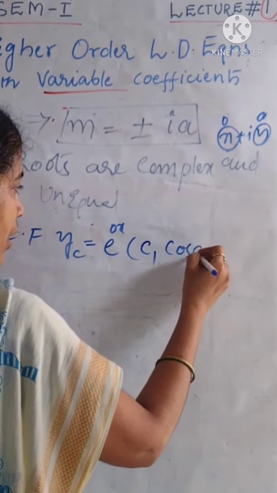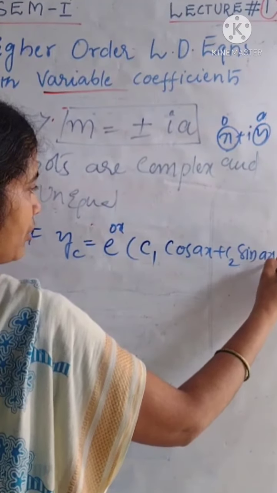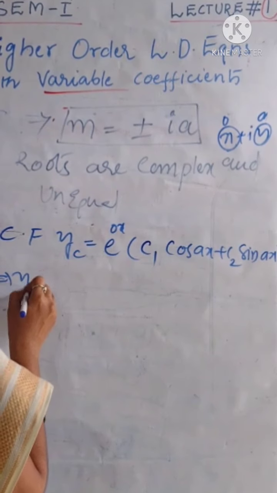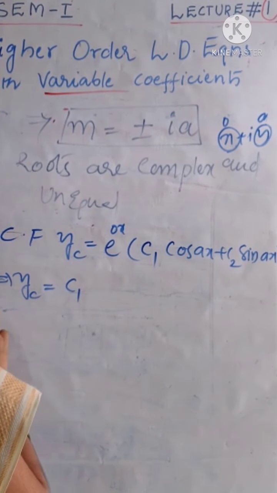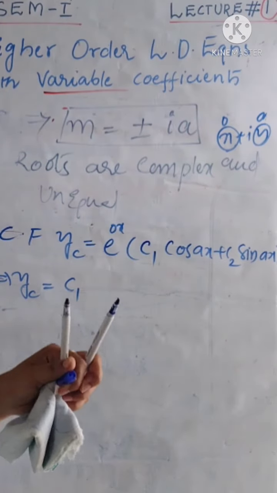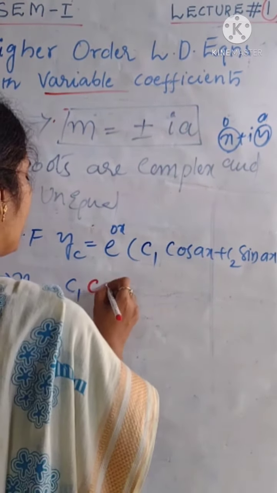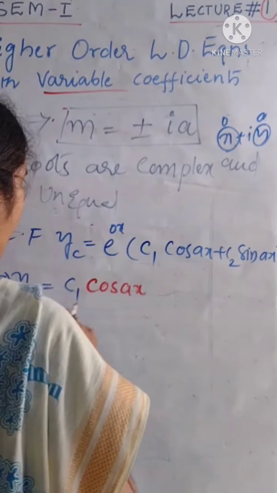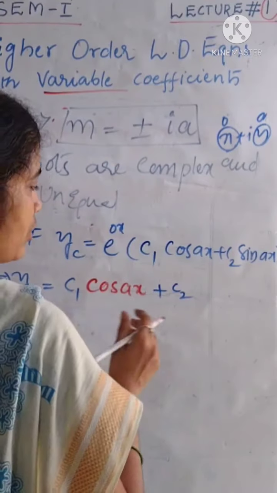c1 cos ax plus c2 sin ax. That means the yc value, rewriting this clearly, is c1 into cos ax plus c2 into sin ax, because e power 0x is 1.